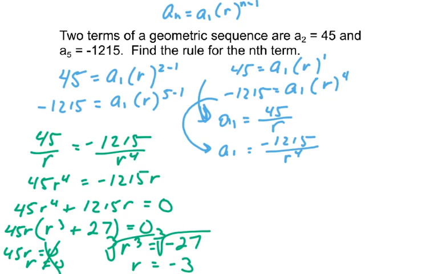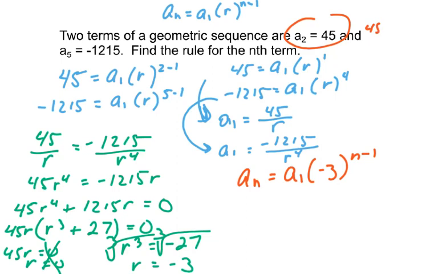And we can rewrite our rule now with a sub n equaling a sub 1 times negative 3 to the n minus 1 power. So we have to solve for a sub 1, which we haven't done yet. We can use either of our initial values, and I'm going to use a sub 2 equals 45.